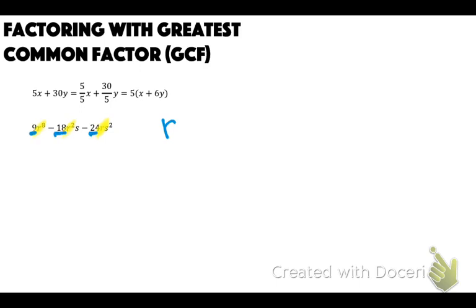Well, I know that 9 goes into 18, but does 9 go into 24? No. So then let's see. 9, the only thing that goes into 9 is 3. Does 3 go into 18? Yes. Does 3 go into 24? Also yes. So then my GCF is 3r. So I'm just going to divide all of these by 3r.